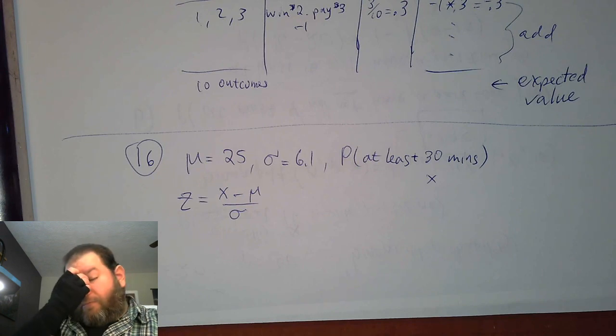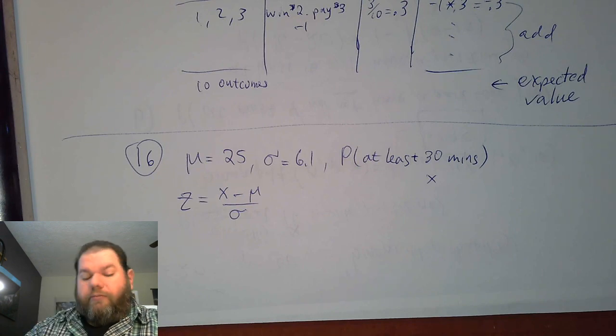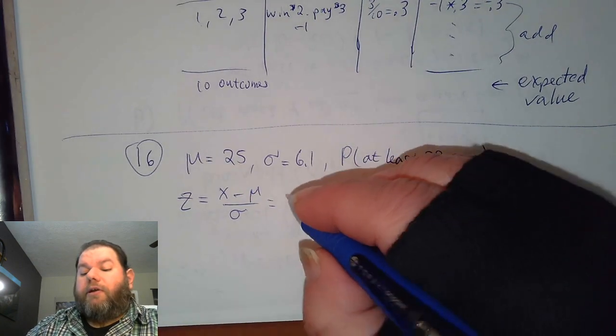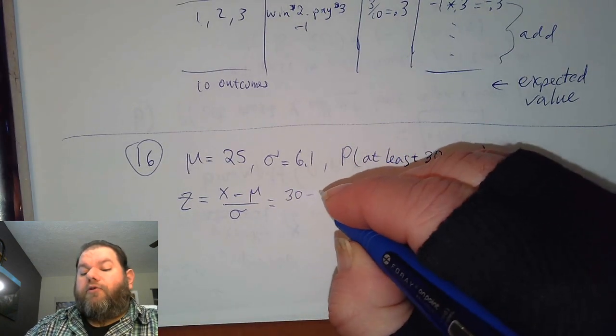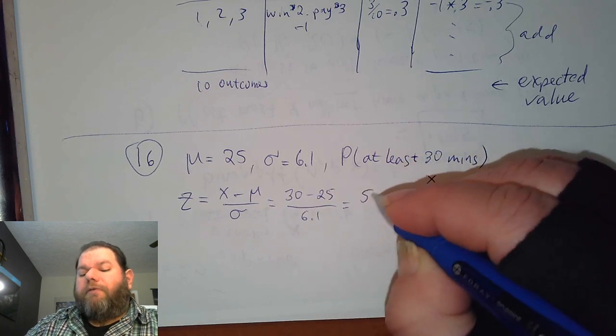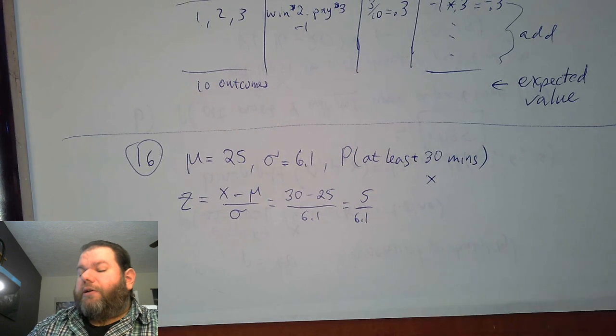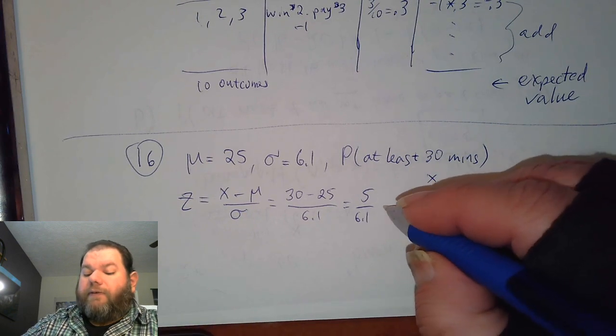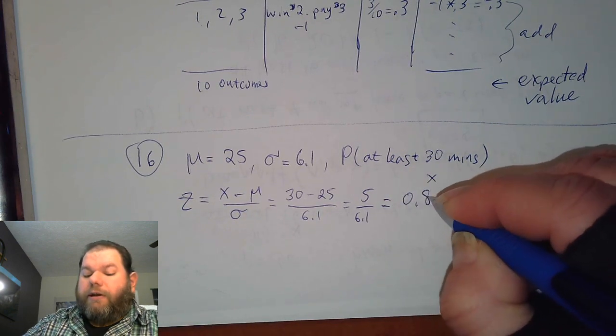So we plug in x is 30, mu is 25, sigma is 6.1. So we end up with 5 over 6.1, which gives us a z-score of 0.82.